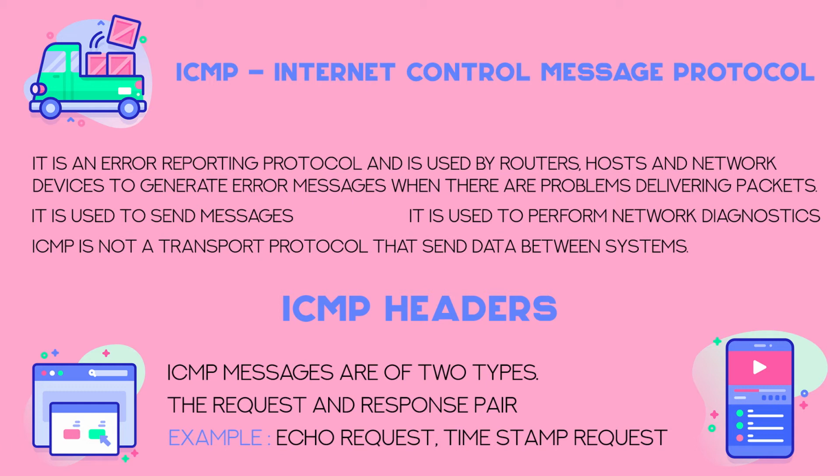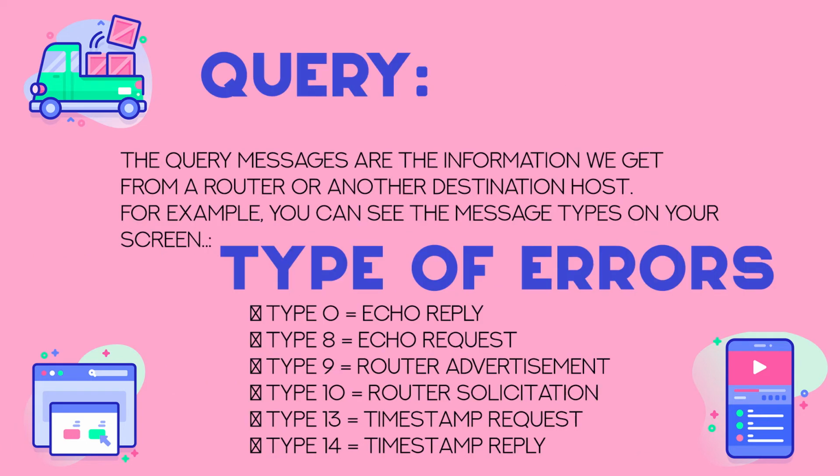Now coming towards its header. ICMP messages or flags are of two types: the request and response pair, which revolves around echo request and timestamp request. You cannot understand these without a practical example, so you have to wait until the next few videos. But just to give you an overview, if you are doing a network scan with Wireshark, you can try to understand ICMP messages, because they contain two types of code, which are queries and errors.